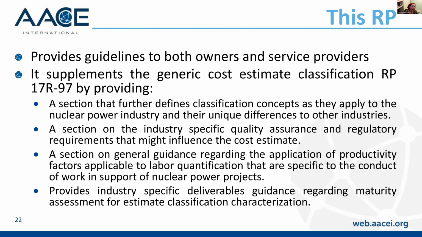It also discusses some of the specific quality assurance and regulatory requirements that might influence cost. It has a section on some of the general guidance regarding the application of productivity factors applicable to labor quantification that's specific to conducting work in nuclear power projects. And it provides industry-specific deliverable guidance regarding the maturity assessment and estimate classification characterization.